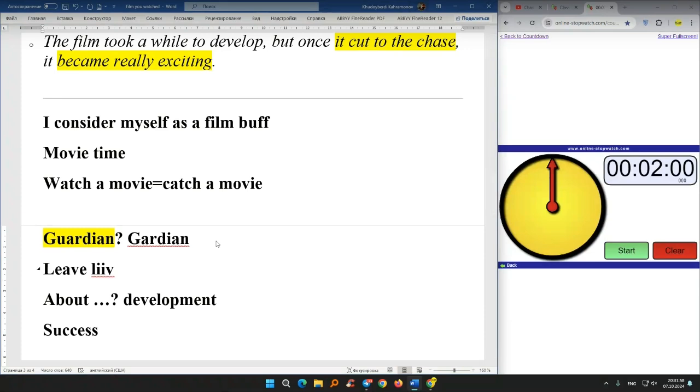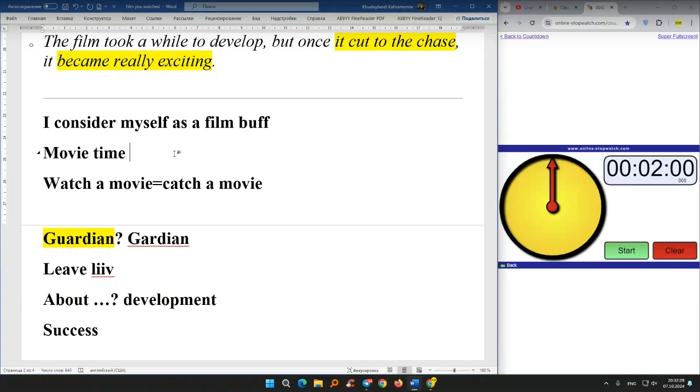And you could say catch a movie instead of saying watch a movie. I wanted to say, but I forgot. And it's not move time, but movie time. If you say move, it means movement, right? Moving your hands, moving your legs, maybe moving anything, but it should be movie time.